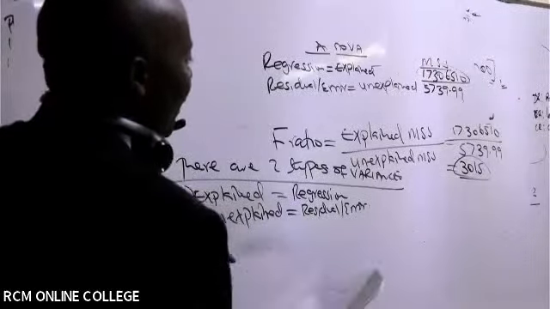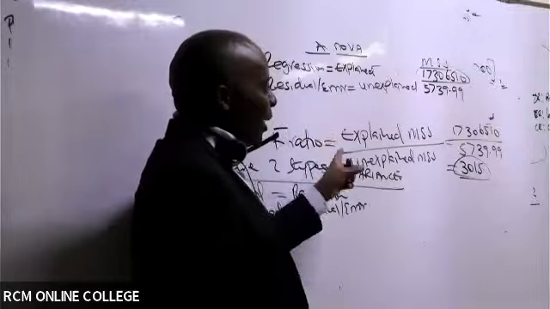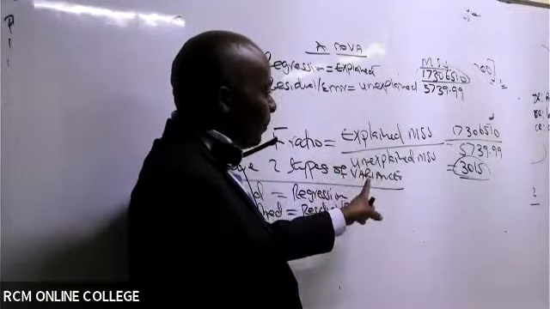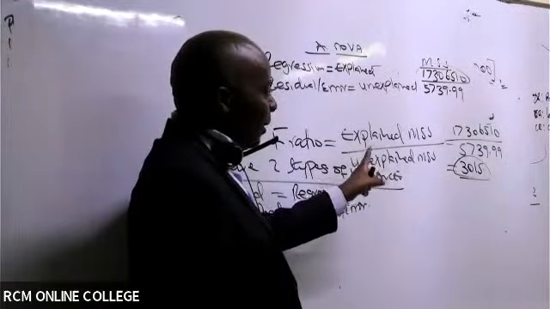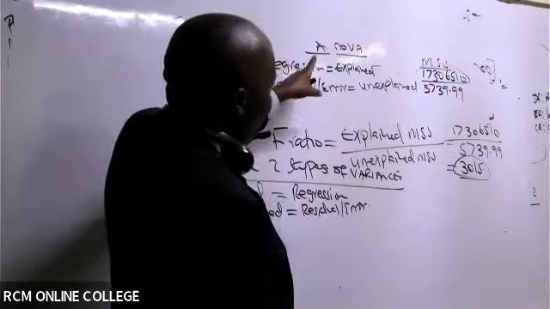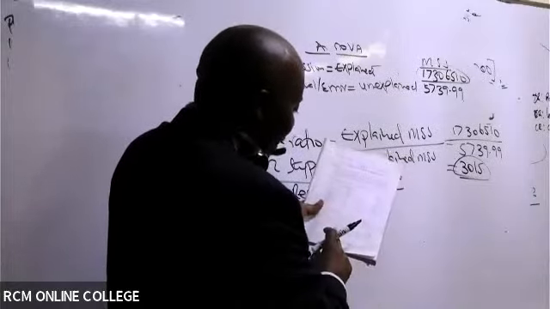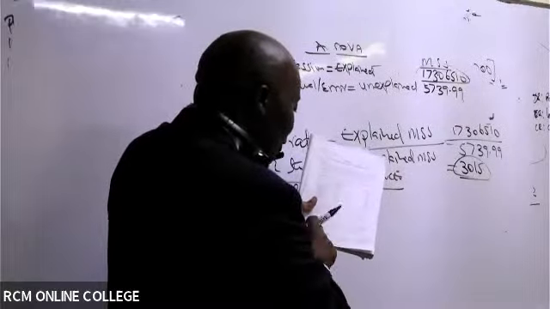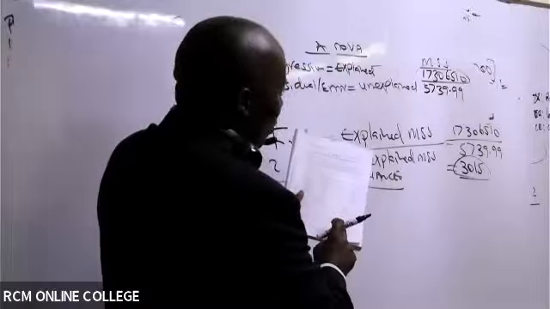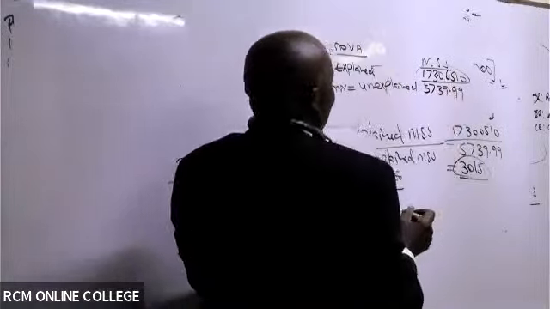And how do we get the F ratio? To get the F ratio, we take explained MSS over unexplained. Remember, MSS is mean sum of squares. So I did this ANOVA analysis. In the ANOVA table provided, they have given us the regression variance, and you can see the mean sum of squares at the corner there, 1730, 6510.